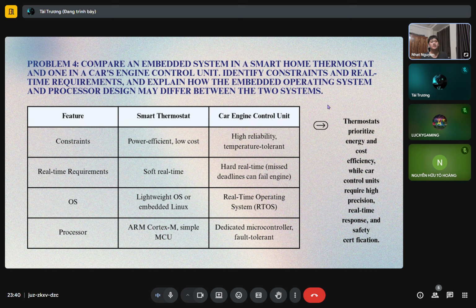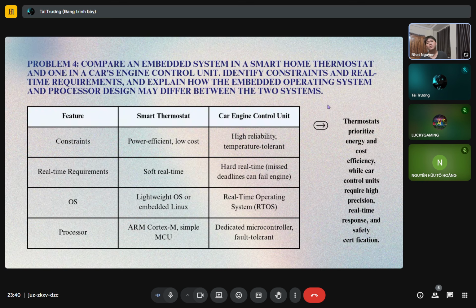The car engine control unit needs high reliability, temperature tolerance, and hard real-time behavior. A missed deadline can cause failure, so it uses a real-time operating system, an RTOS, and a dedicated microcontroller with fault tolerance.